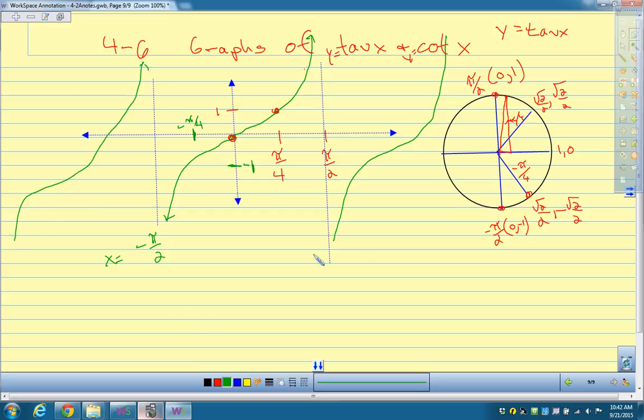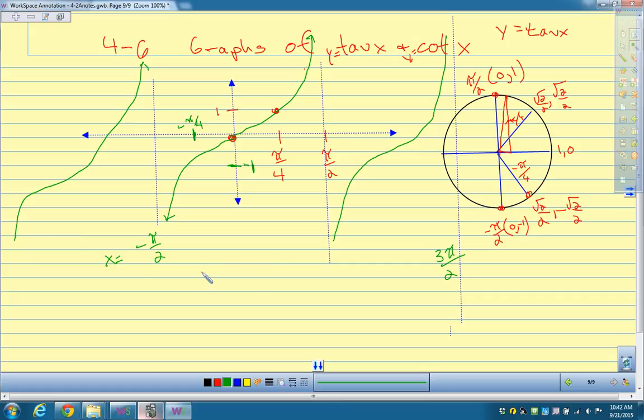That's not very good graphs, and it does that every pi radians, okay? We'll graph one of these in a minute on your calculator. So if this is pi over 2, pi later is going to repeat to 3 pi over 2. And the next asymptote over here would be negative 3 pi over 2. I made that kind of stretched out, but that's what it looks like.